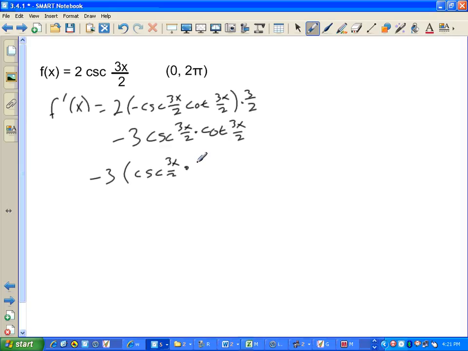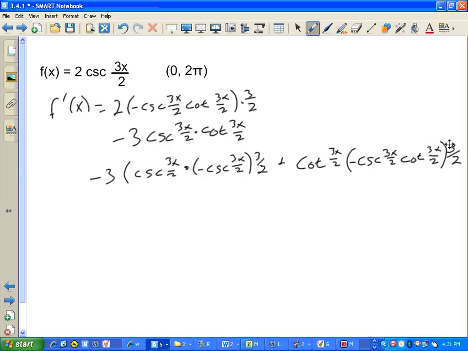Derivative of cotangent is negative cosecant squared of the same thing times the derivative of the inside part, plus the second thing times the derivative of the first, which again is negative cosecant cotangent, times the derivative of the inside part, which is the 3/2 again.